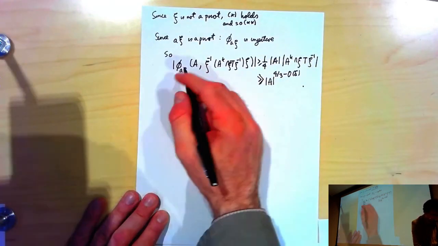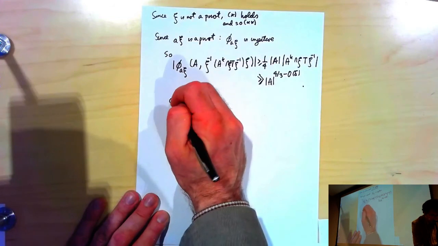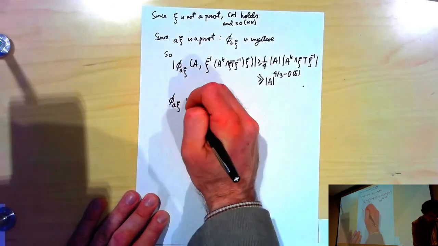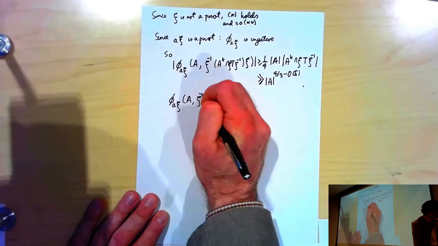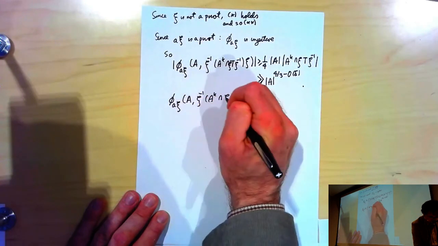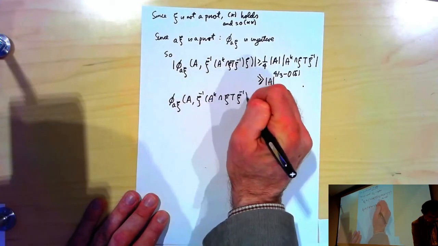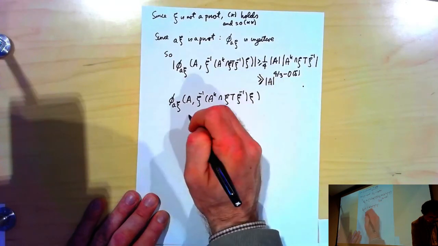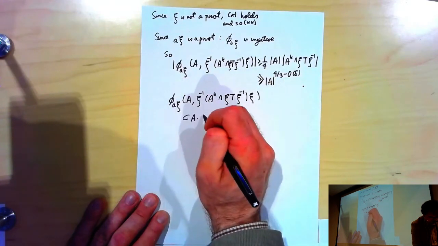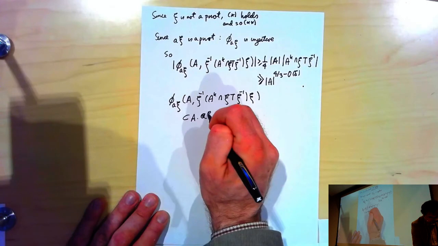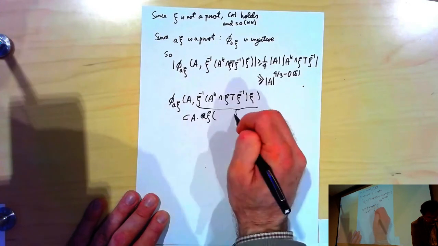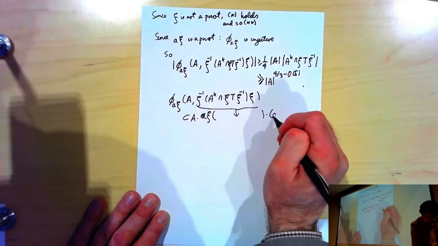But we also had that this is contained where? Remember, this is A times ξ, and all of this here, then ξ inverse.